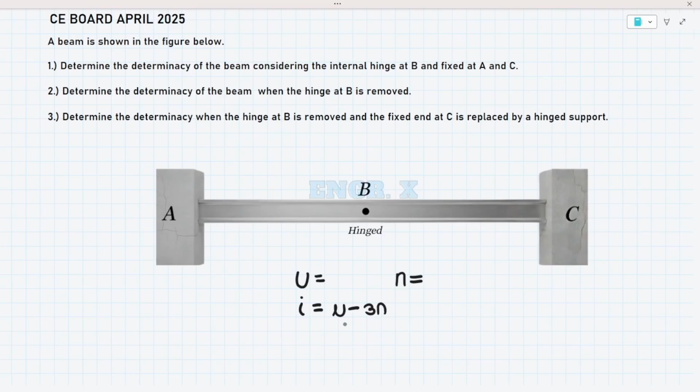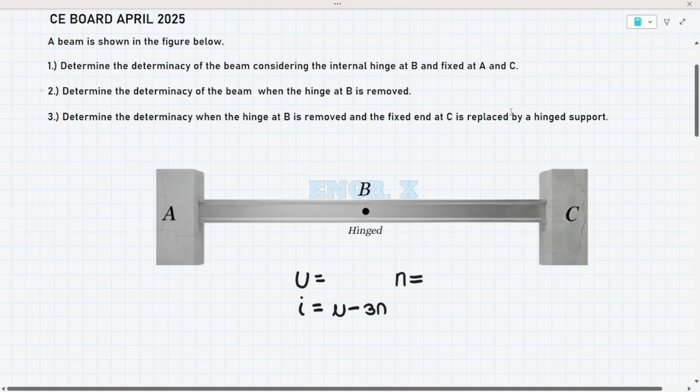So, this U, or the number of unknowns, ito yung mga forces present in the beam. And N is ilan ang parts ng beam.